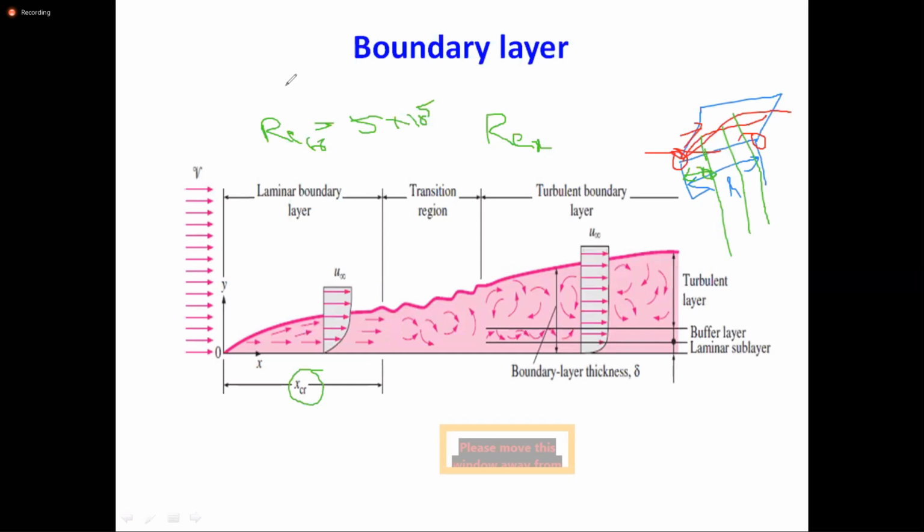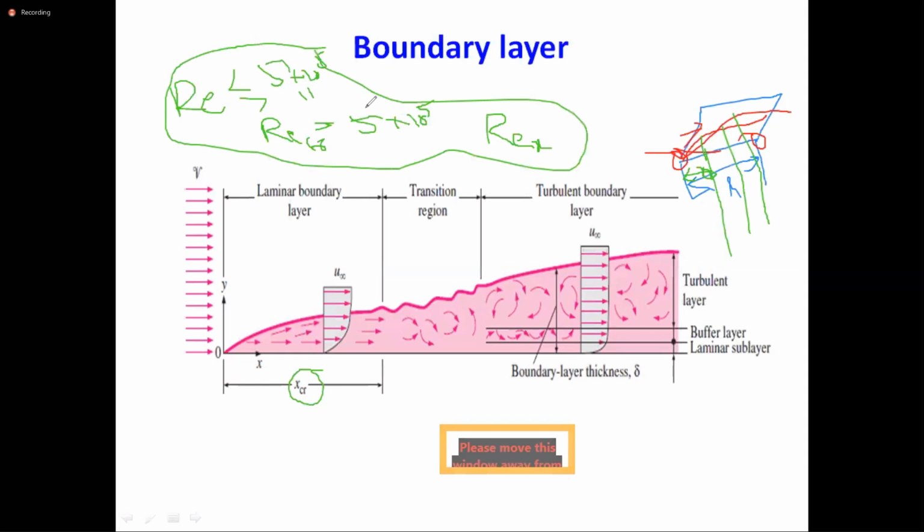If the Reynolds number is less than 5 into 10 to the power of 5, the flow is laminar. If it is more, it is turbulent flow. First of all, when the problem is given, we have to check the Reynolds number, and then decide whether the flow condition is laminar or turbulent.